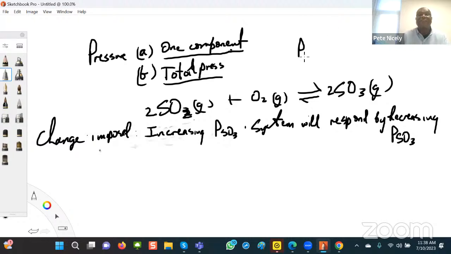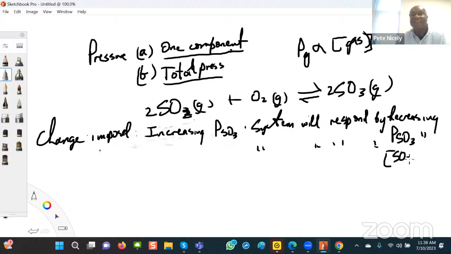The pressure of any gas is directly proportional to the concentration of that same gas, right? So basically, whatever you do to the pressure, you're doing to the concentration, right? And that is no less true for the sulfur trioxide. So basically, we can say that the system will respond by decreasing the pressure of SO3, which means that the system will also respond by decreasing the concentration of SO3.